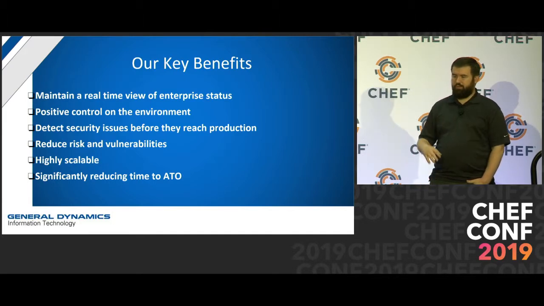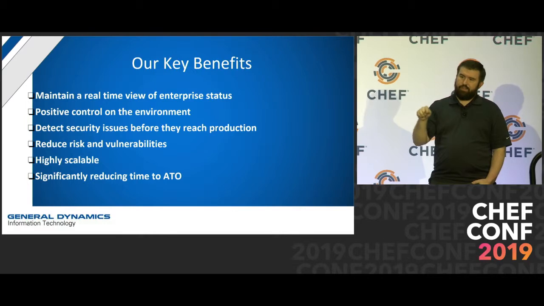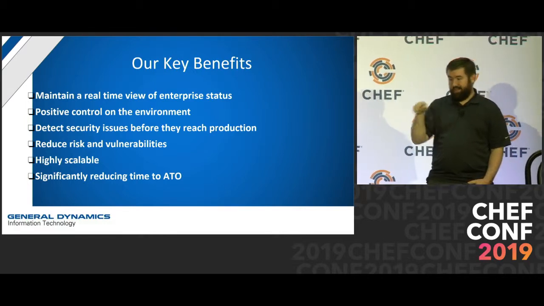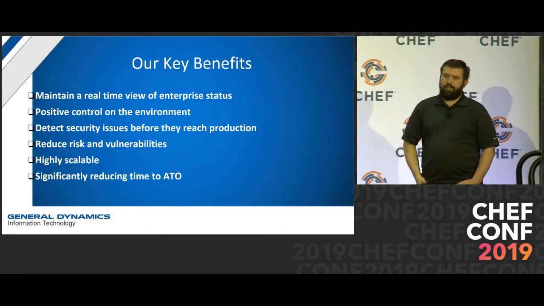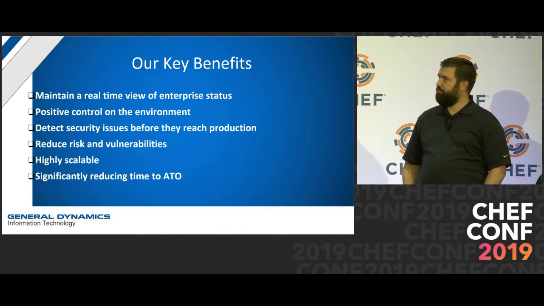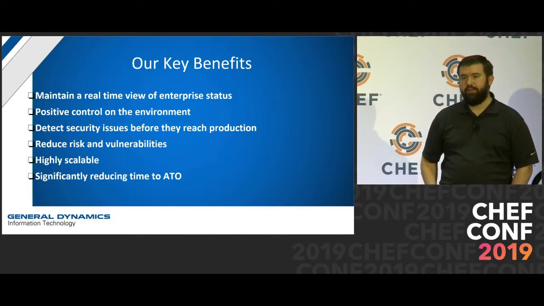You're able to have a central thing that you can say, I trust this and I know what this is like, right? And then security says, I trust this too. And it really helps you work with security. And that's probably the biggest thing that's going to reduce that ATO.